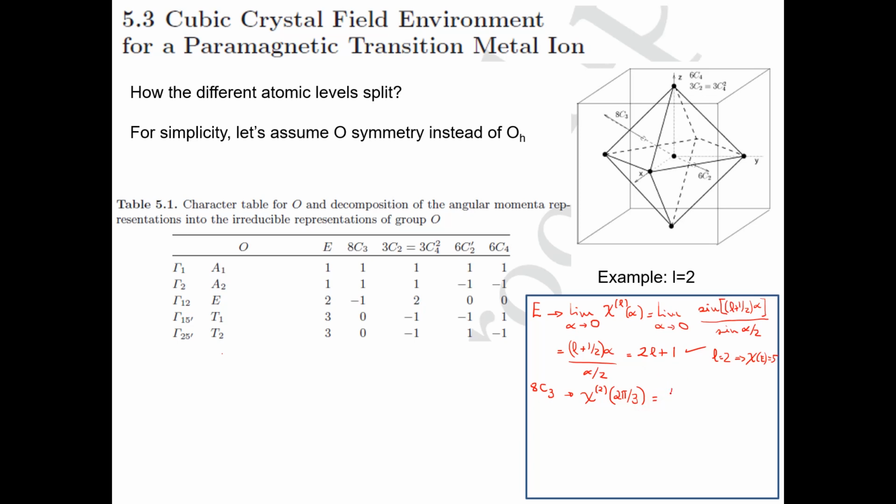So this is going to be sine of 5/2 times 2 pi over 3 divided by the sine of pi over 3, right?